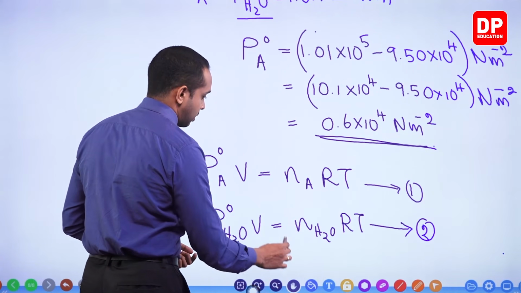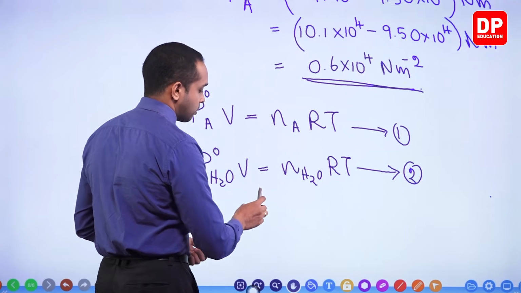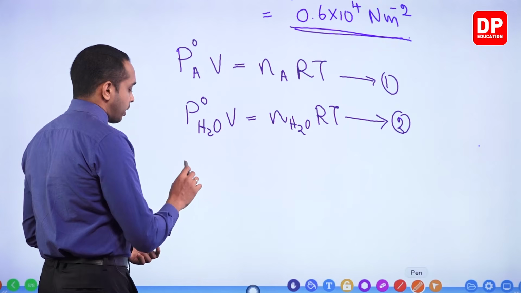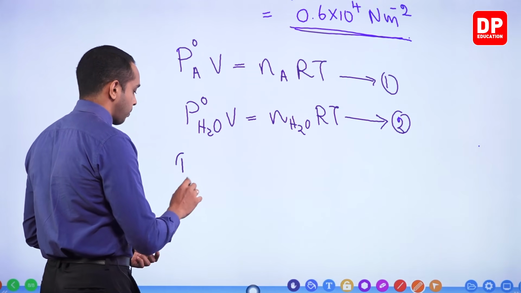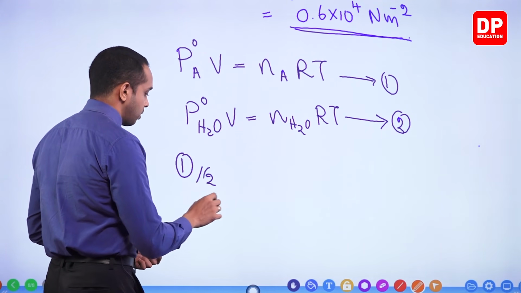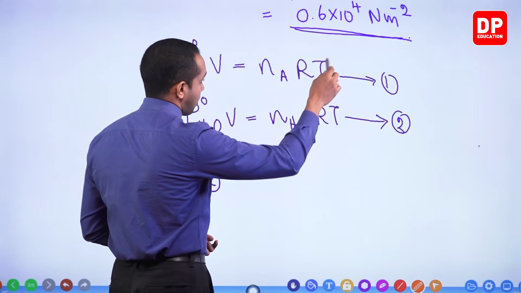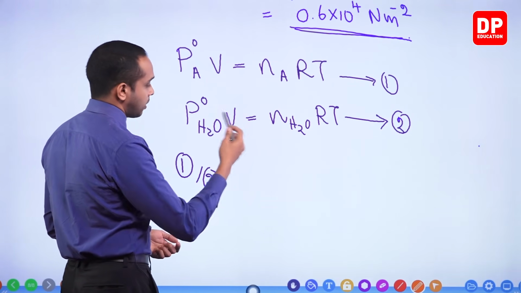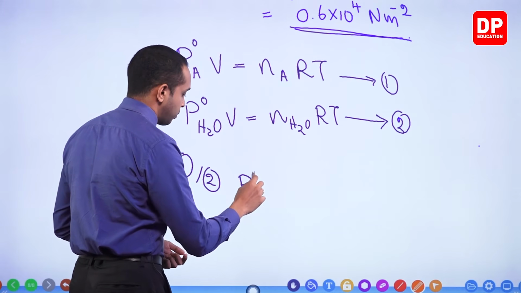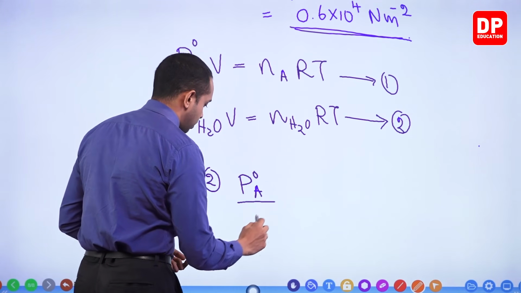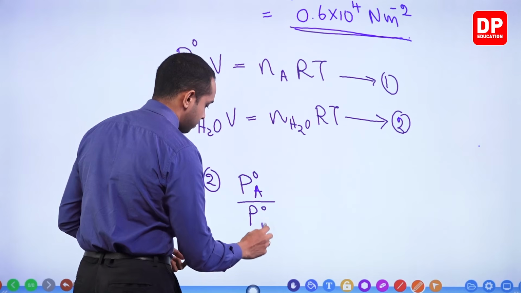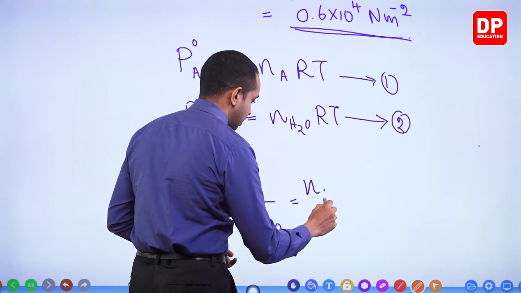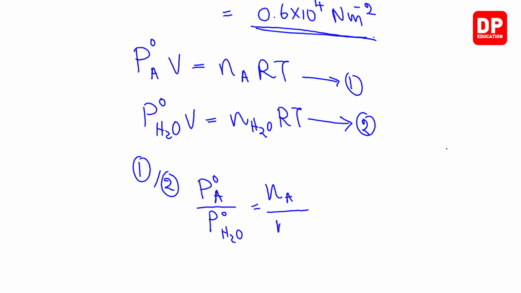We keep it at 98 degrees Celsius, and R is a constant. So at this point, I can rewrite 1 divided by 2, and we can see RT cancels off RT, V cancels off V here, and therefore we will get P naught A divided by P naught H2O equals Na divided by NH2O.